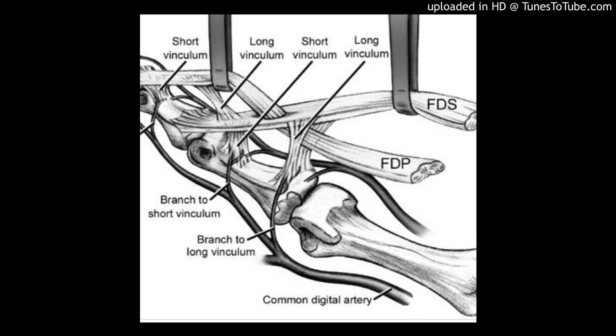Any flexor tendon injury which is more than 60% of the diameter needs repair. If less than 60% of the tendon is injured and there is no triggering, the patient can be treated with wound care, occupational therapy, and early range of motion.